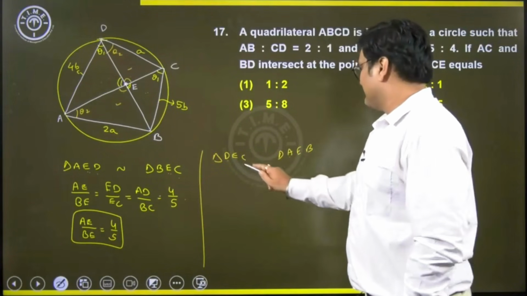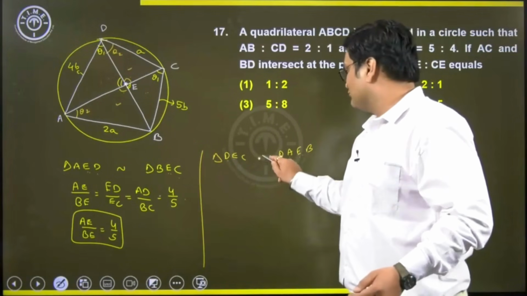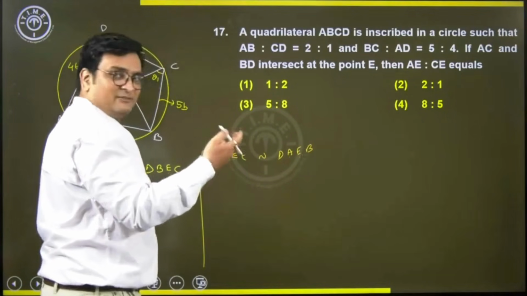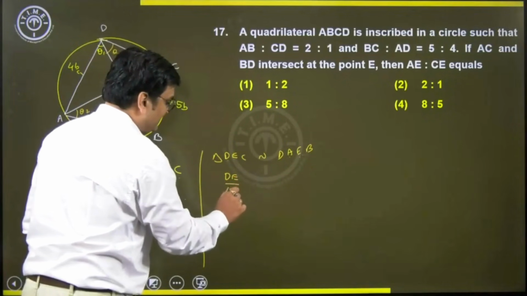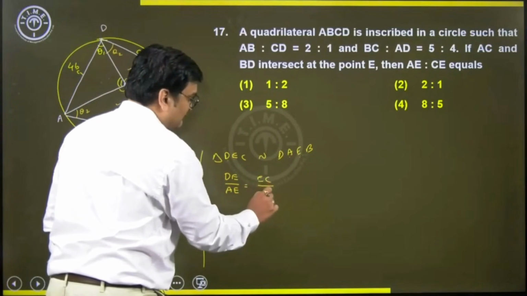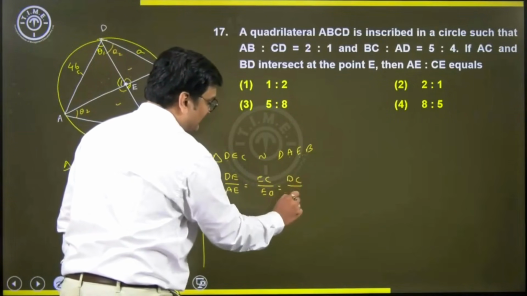They will be equal. So angle E here is same as angle E here. Yet again, can I say the two triangles we are talking about are similar? We can prove the similarity. Once they are similar, we can again say the ratio of the corresponding sides. So DE by AE will be same as EC by EB will be same as DC by AB.